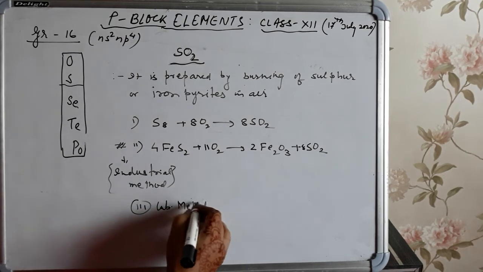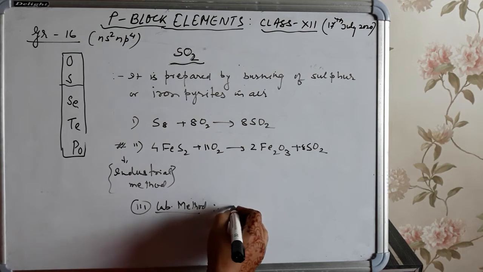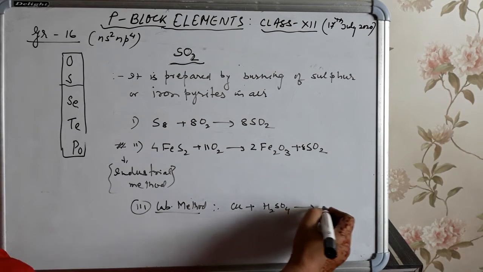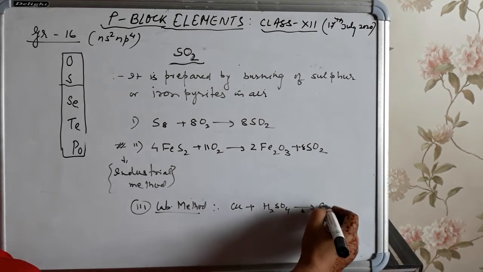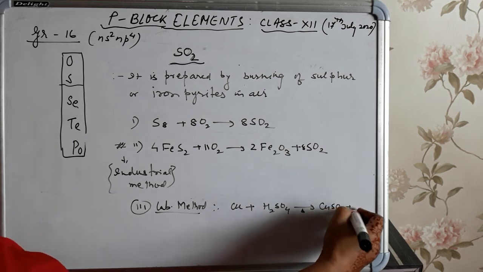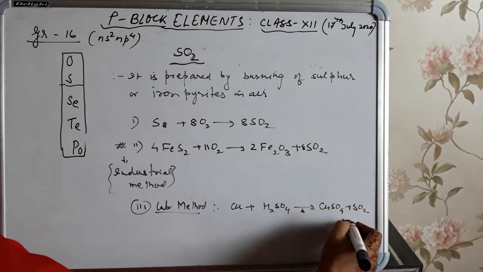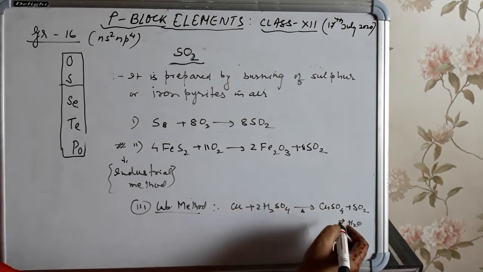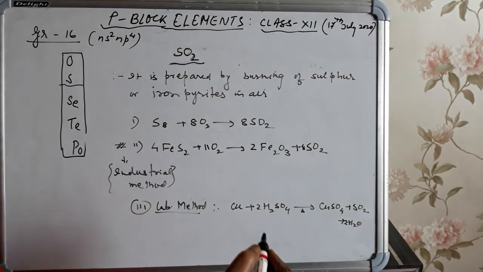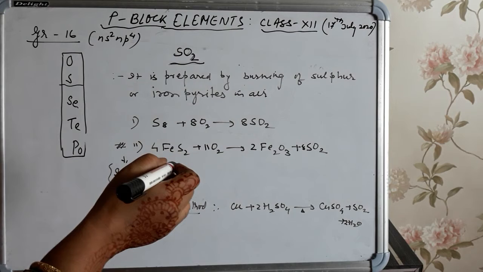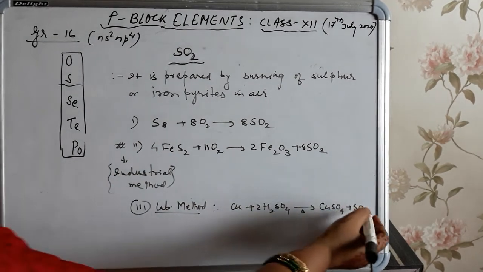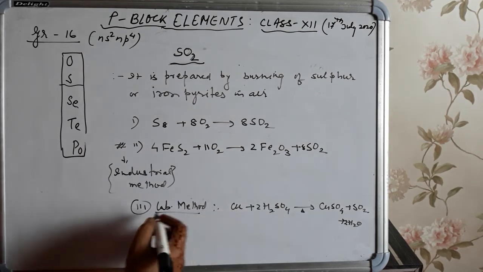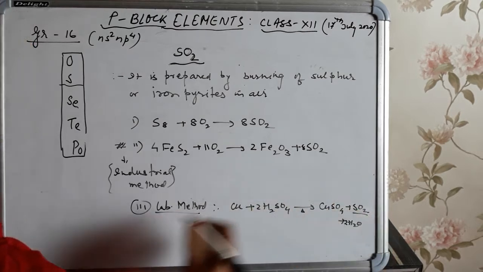If we prepare sulfur dioxide in the laboratory, we simply use copper chips with concentrated H2SO4 and give slight heat to it. So copper sulfate, sulfur dioxide and water are formed. Students, using potassium dichromate, you can check the evolution of sulfur dioxide gas whenever copper chips are treated with concentrated sulfuric acid. So this is the laboratory method for preparing sulfur dioxide.